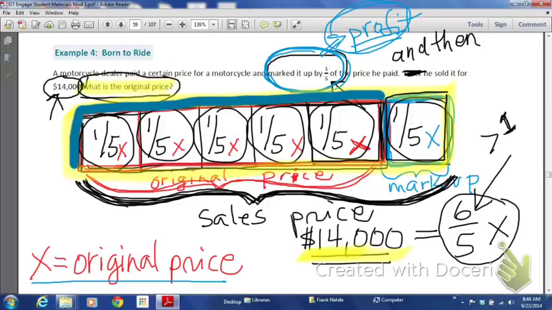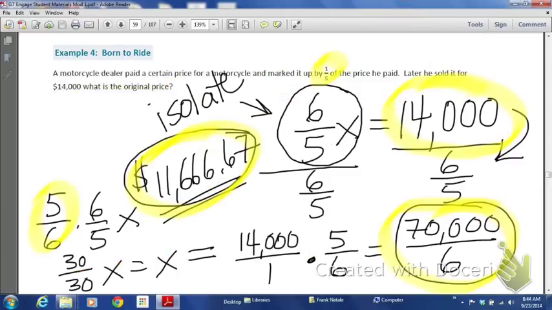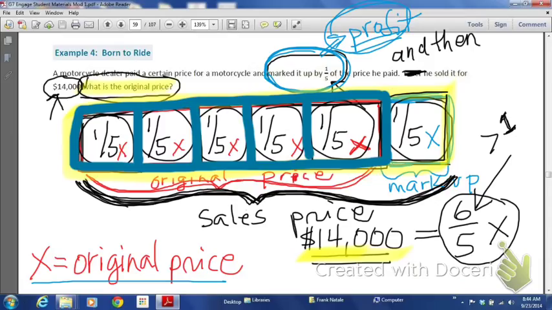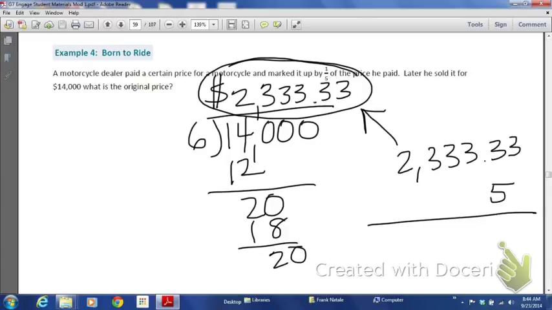Now, if I go back, I am only interested in what 5 of those fifths is worth, because I want to find out the original price. This is my motivation. My question was, what is the original price? So if I know that each fifth equals $2,333.33, I'm going to multiply that by 5.